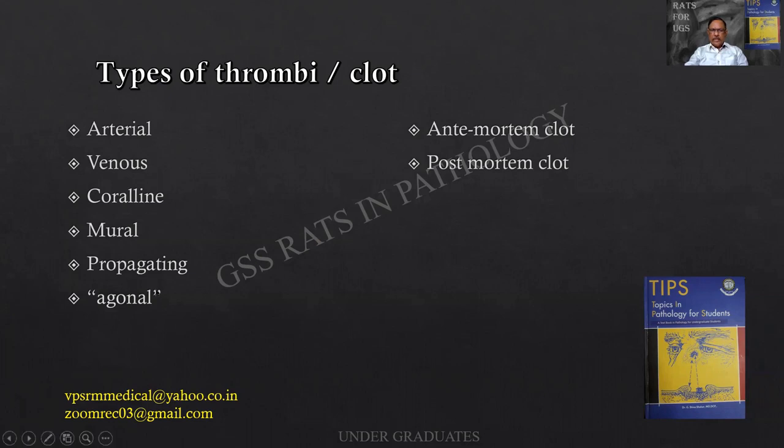Agonal thrombus I mentioned. Agonal means almost death, severely painful. Also, we have got some terms called antemortem clot and postmortem clot, which we shall be defining. I have purposely put up this list because each one can be a question and we should not mix up one for the other. Go back to tips, answers are there, and this is the mail for you people to contact.